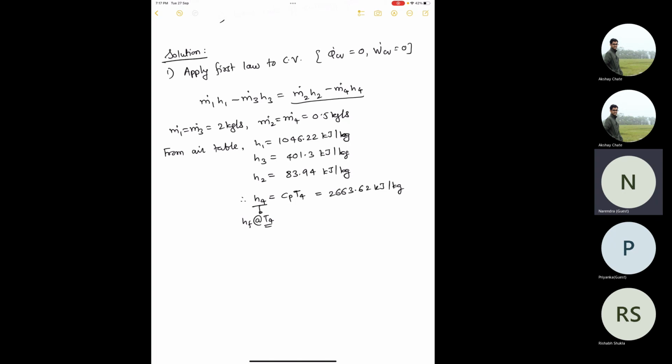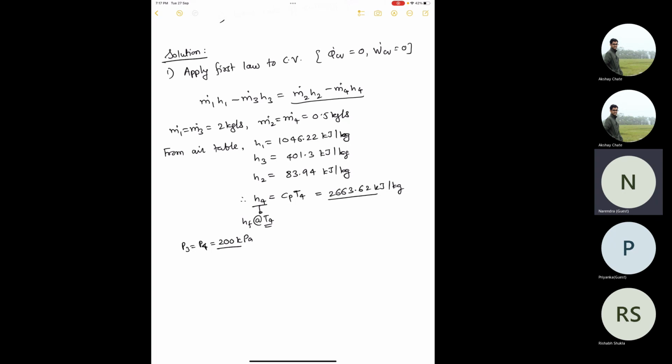And one more thing is given, the pressure. So P3 and P4 are 200 kilopascal, right? So now you have to see this value should match HF at 200 kilopascal. Then only it is liquid.